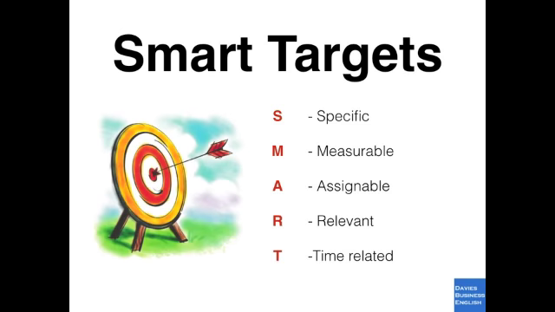SMART, S-M-A-R-T, stands for specific, that means say exactly what it is, measurable, so you can notice your progress, assignable, who will do it, in this case you, relevant, make sure you are learning what you need, time-related. Make a program with deadlines, not just for coaching, but for your continued practice and development afterwards.